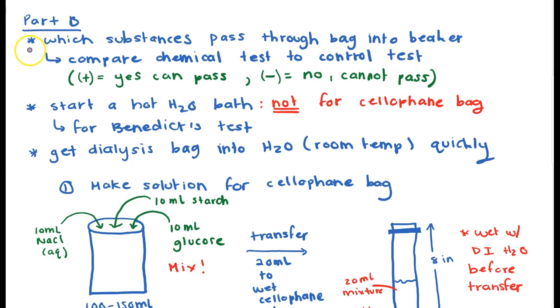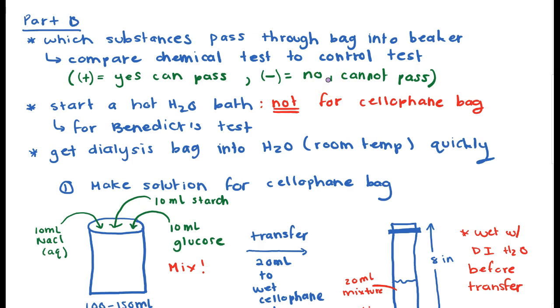So what we're doing in part B is we are going to test which substances can pass through the cell membrane, our cellophane bag, and go into the beaker of water surrounding it. And we're going to compare the chemical tests to our controls in part A to figure out whether we have a positive test, meaning yes, that substance can pass through the cellophane bag or our cell membrane, or a negative test, meaning no, that particular substance is not allowed to pass.